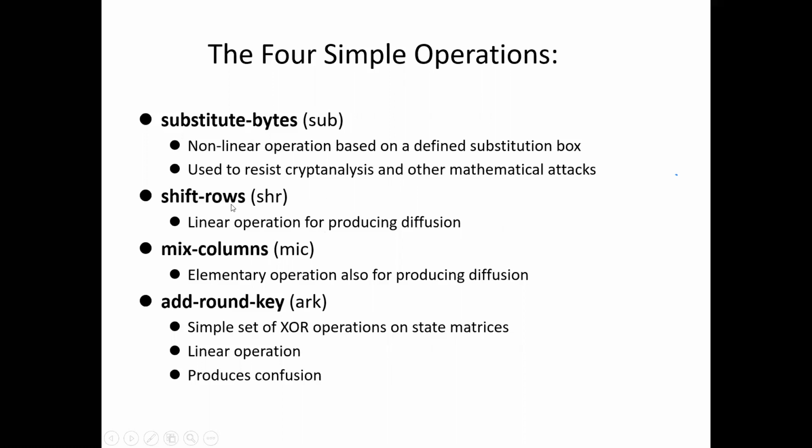Shift rows is simple, it's a linear operation, and this is used for producing diffusion. Mix columns is also an elementary operation, and it is used for producing diffusion. And then we have add round keys, which has something to do with keys.